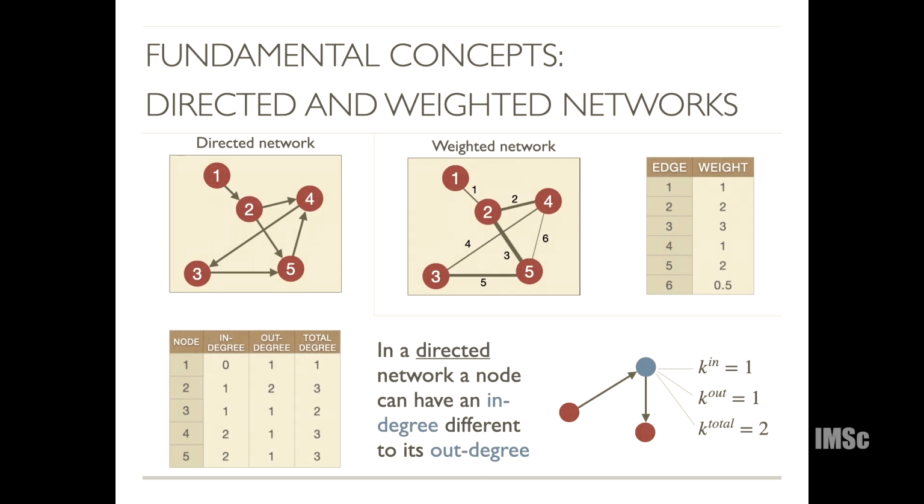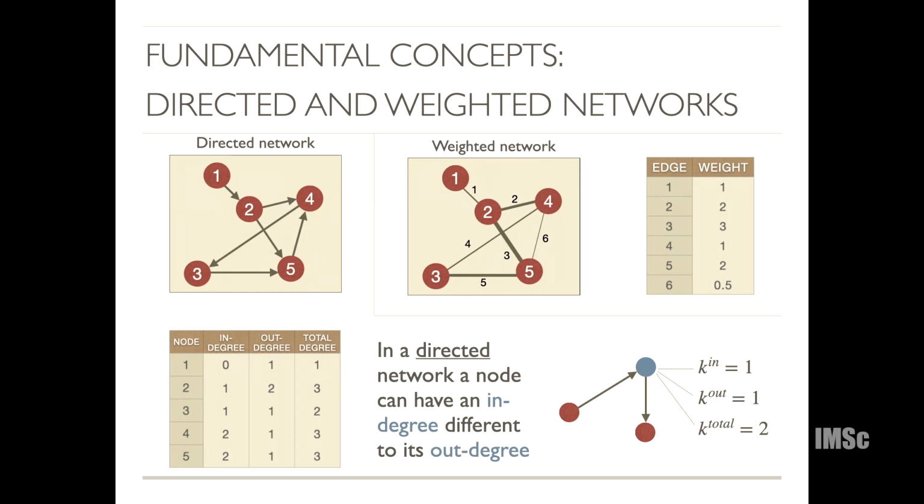So node number 2 has an in degree of 1 and an out degree of 2, and the total degree, in plus out, is just 3. In the same manner, you can compute the in, out and total degree for every node. The in degree and out degree can of course be different, and they only make sense when you have an associated direction for each link.